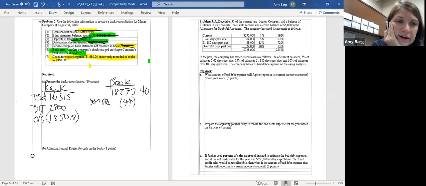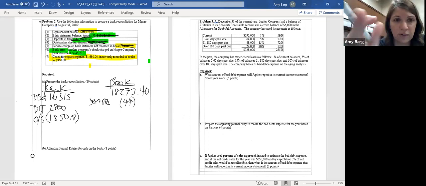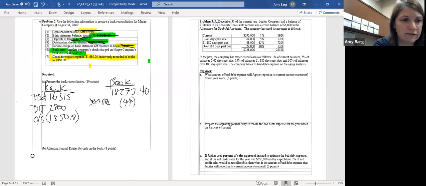And then it says bank error. Another company's check charged on McGee Company's bank statement for $245.20. So somebody wrote a check on some other account, and for some reason it got taken out of our account. So that needs to get added back in, right? We shouldn't have paid for that.